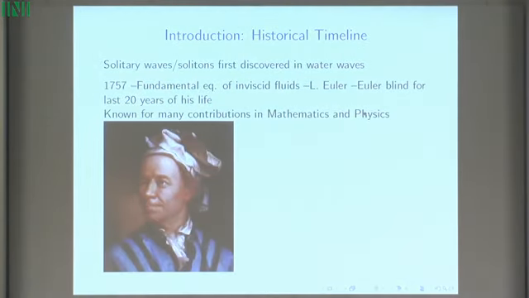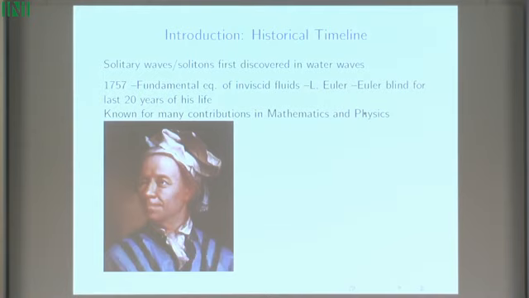Okay, let's look back at where solitons mathematically came from. Well, they were first discovered in water waves, inviscid water waves, and in fact, the fundamental equations of fluids were set out by Euler, and he was blind for many years.